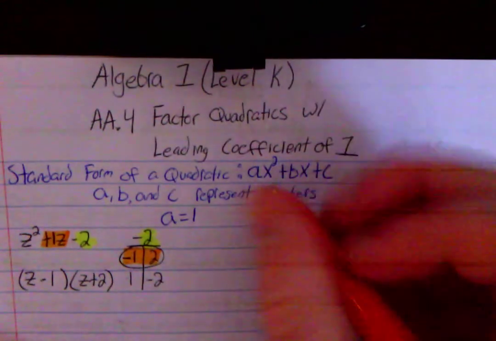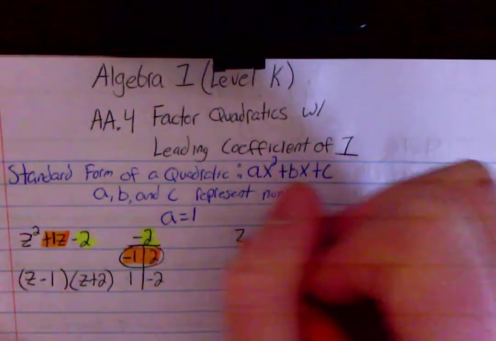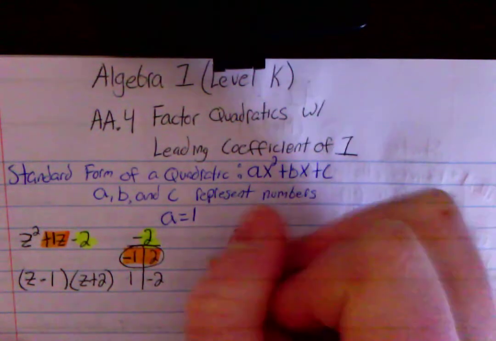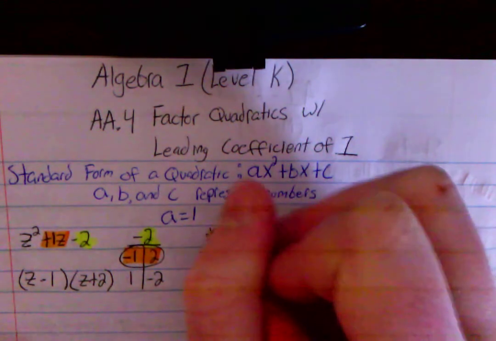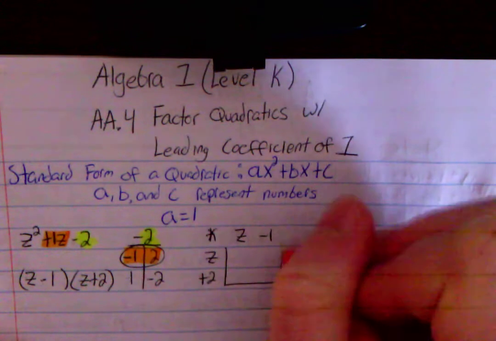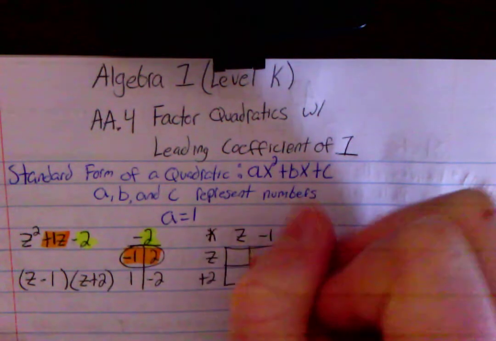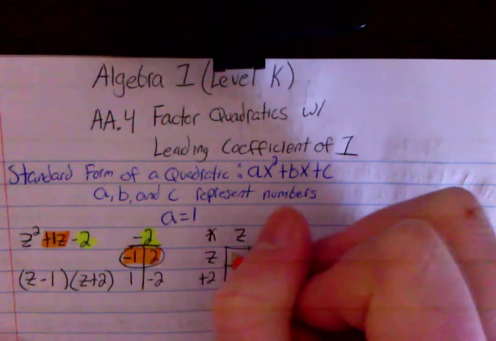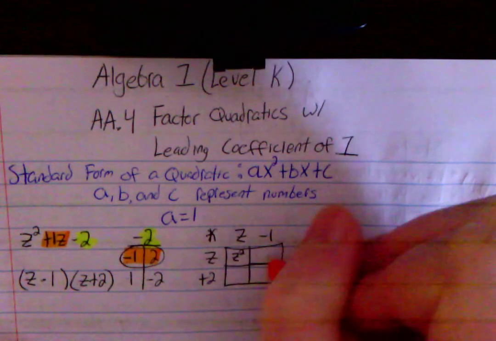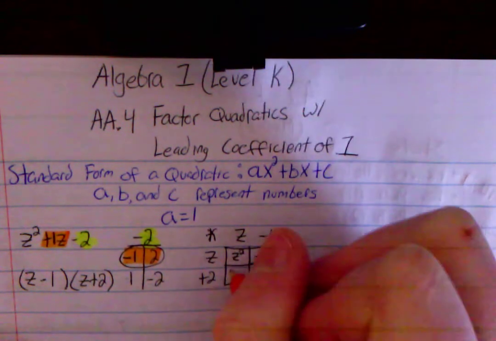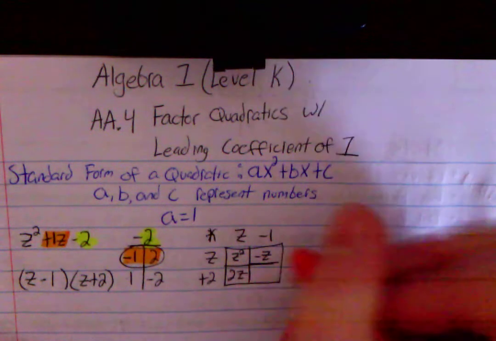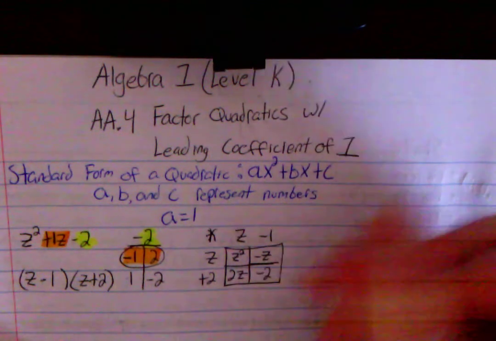Why does that work? Well, using the area method of multiplying, z times z is z squared, negative 1 times z is negative z, 2 times z is 2z, 2 times negative 1 is negative 2.